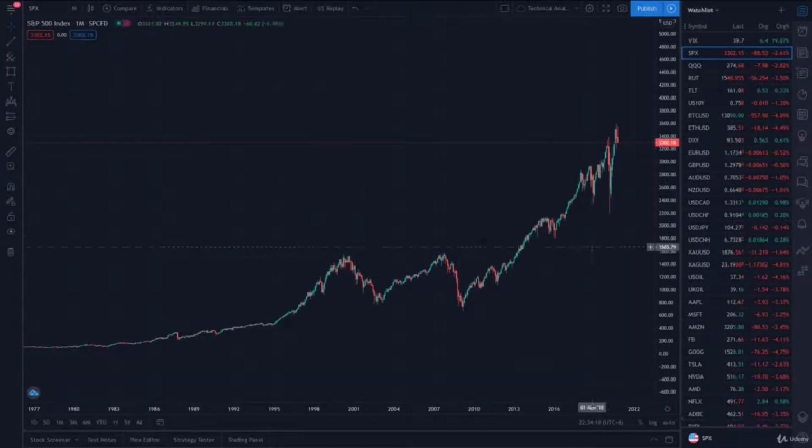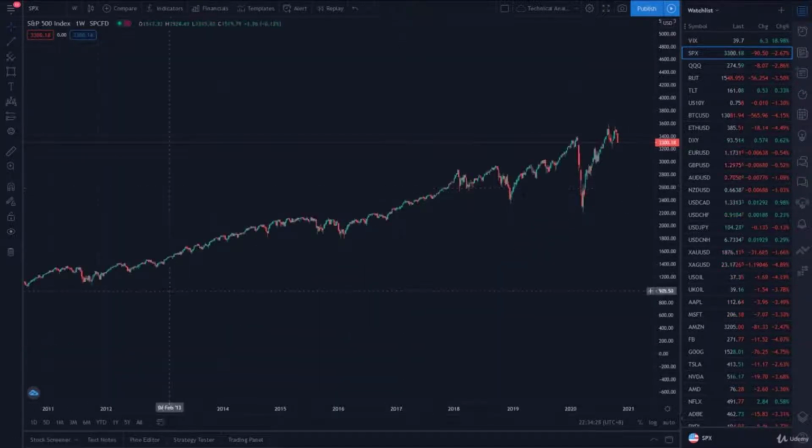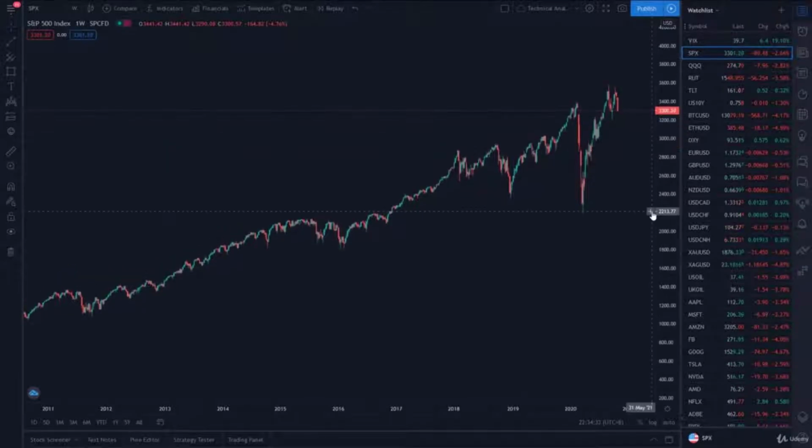Sure, there are periods with some form of correction, but the overall trend on the longer time frame is an uptrend. If you squeeze it down into the weekly chart, it's also showing an uptrend. So the bias for this trade setup is already pointing you to go long on the SPX.